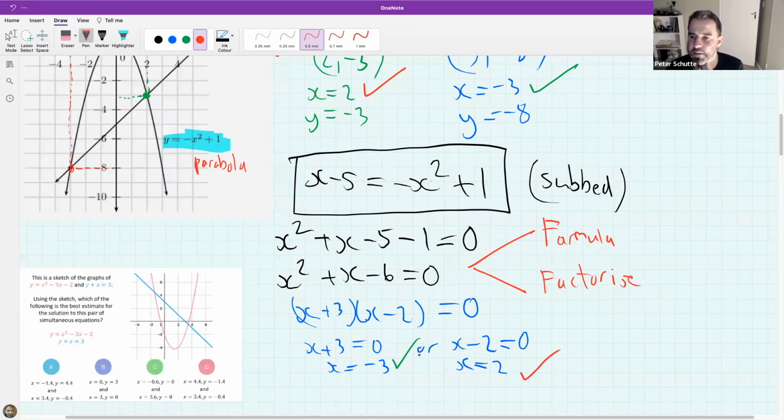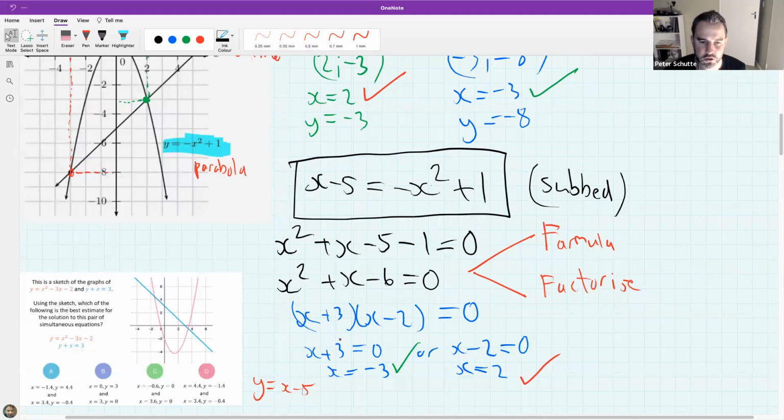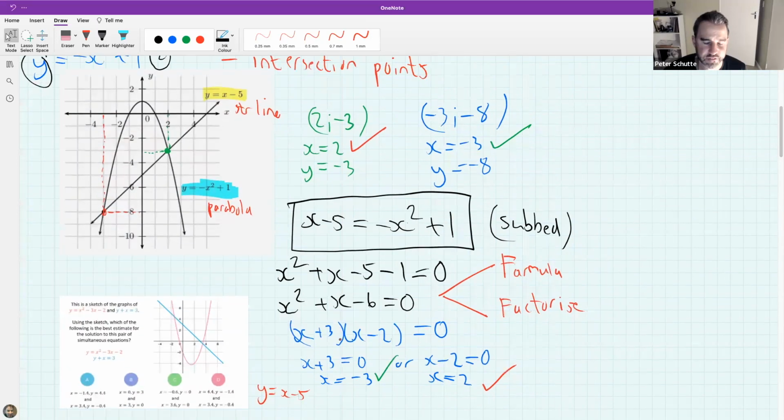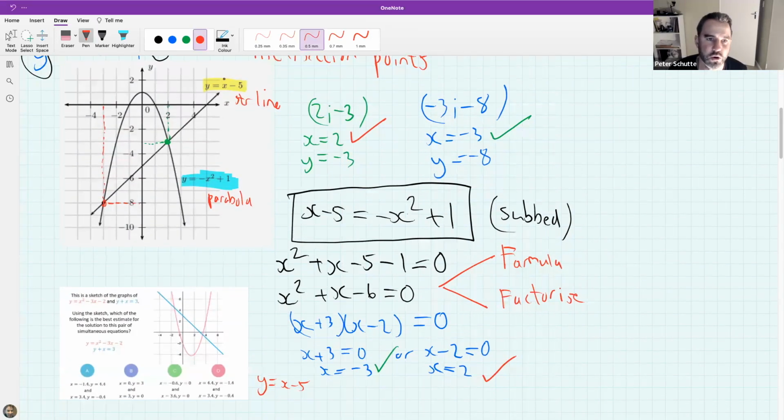Okay, so you sub x values into the formula. Actually, you can choose either formula. I'm going to choose the easier one, which was y equals x minus 5. So if I look at what was asked earlier on, y equals x minus 5 was the easier of the two equations. And so I'm going to use that.